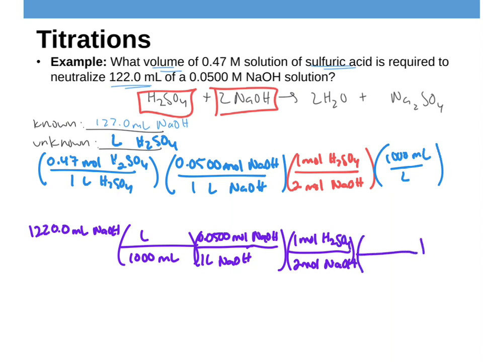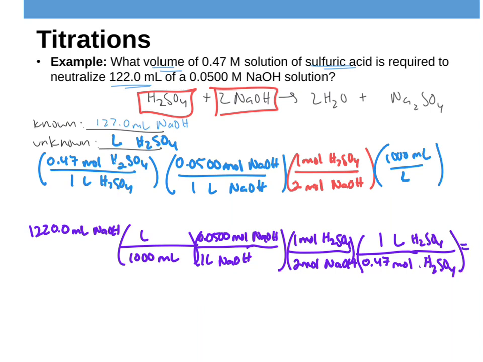If I know how many moles of H2SO4 there are based on the molarity of H2SO4, I can say, oh, well, for every 0.47 moles of H2SO4, that'll be 1 liter of solution. And again, since this said just what volume, I just went with liters. I don't see any real reason to change it into milliliters, but I can at the end. And then I would just solve for that, right?